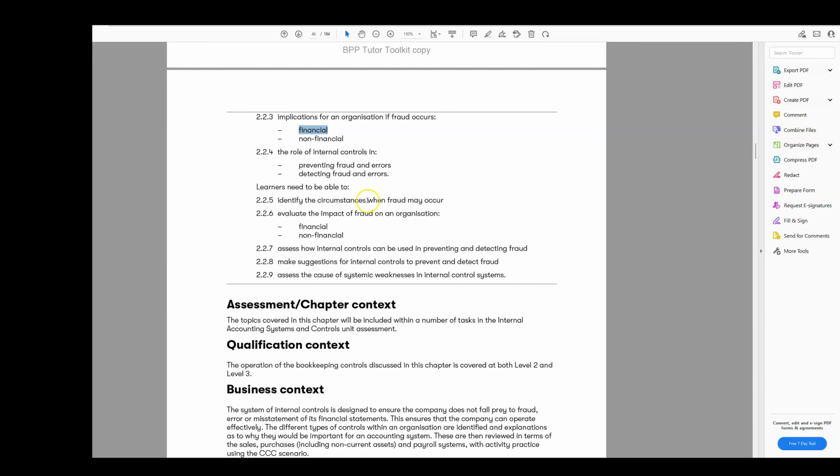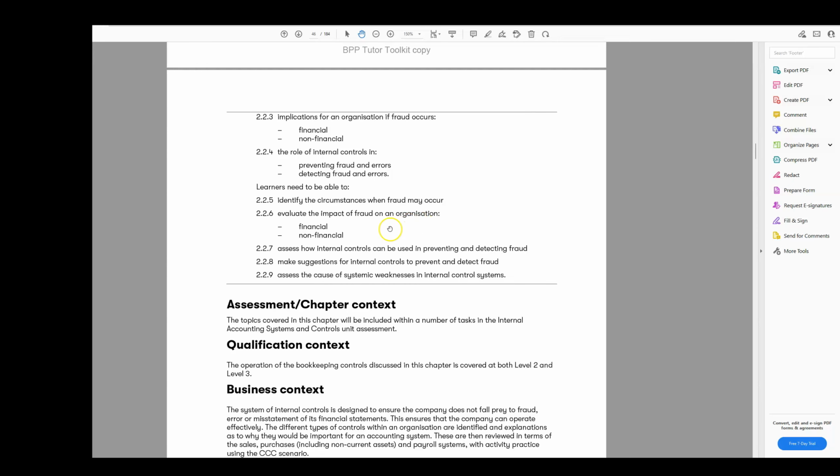The role of internal control is preventing fraud and error, detecting fraud and error. So first we try to prevent the fraud and later we will look at detecting the fraud. The learner needs to be able to identify the circumstances when fraud may occur, and also we have to evaluate the impact of fraud on an organization.